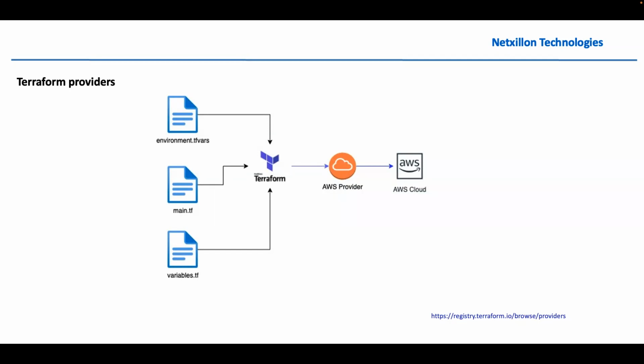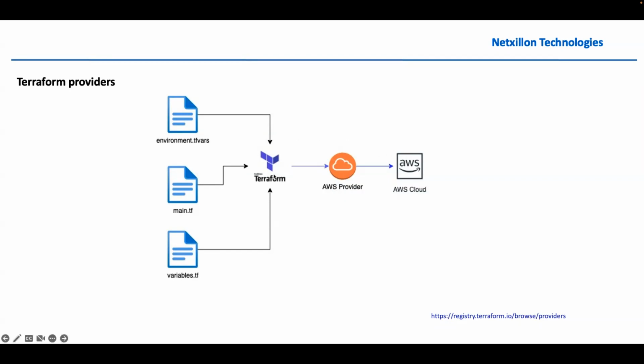You pass that to Terraform. Terraform has a provider. Provider means, let's say I'm saying create a VPC in Amazon. Terraform should understand what I'm saying, right? How does it know how Amazon's VPC creation works, how Amazon's APIs work? That's where your providers come into picture.